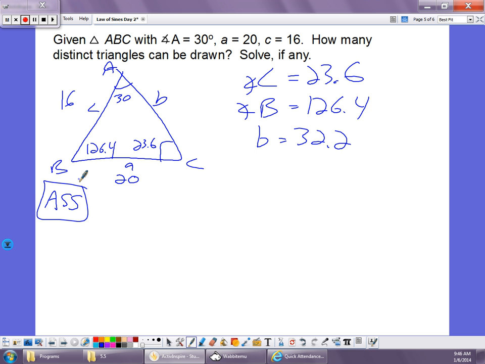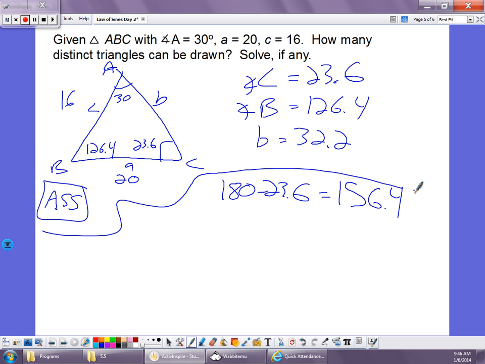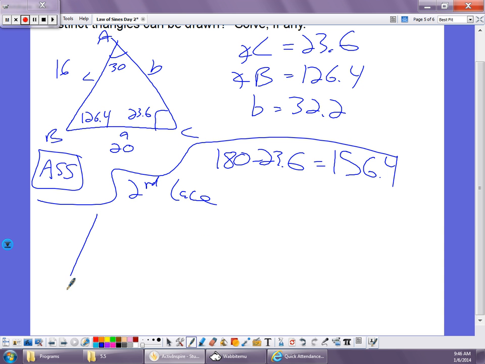Take that angle and do 180 minus 23.6. And you get 156.4, okay? So now you have a second case, a completely different triangle.